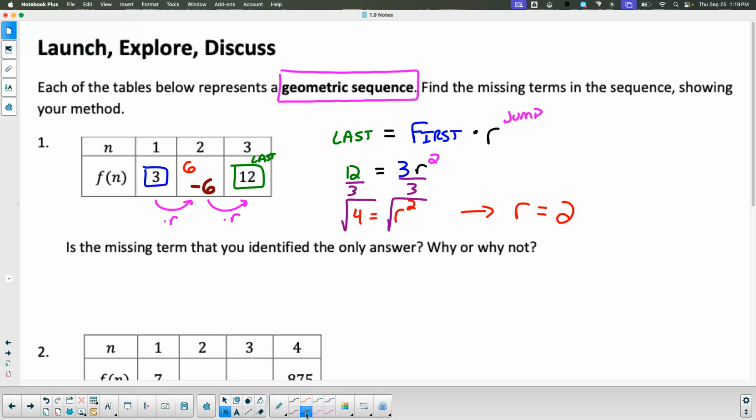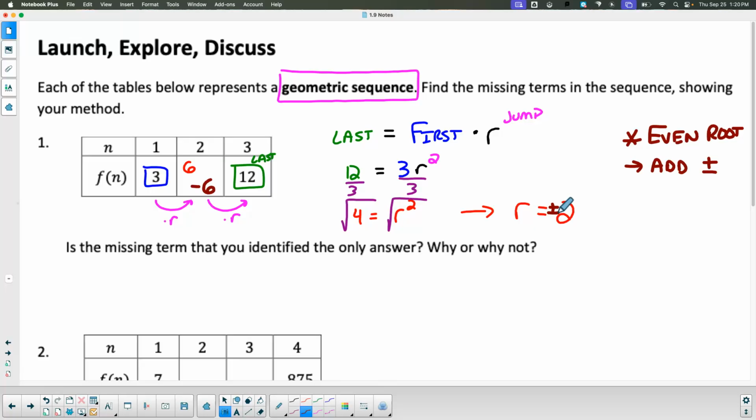Okay? So the kicker is, this is called an even root. Okay? Square roots, 4th roots, 6th roots. When you're taking it to an even root, you have to add in plus or minus right there to your r, because now you have 2 r values that work.